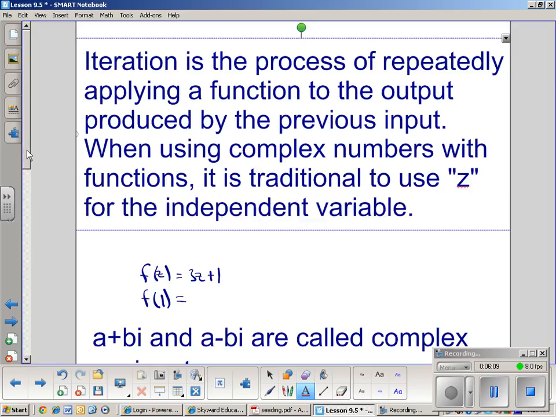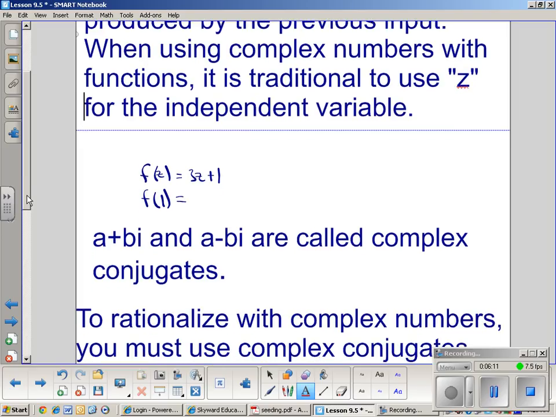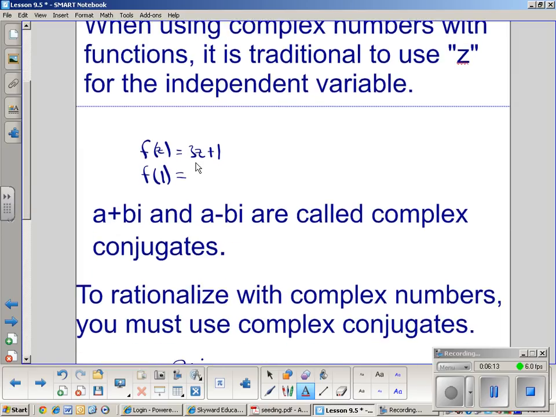Okay? For example, f of z is equal to 3z plus 1, so f of 1 is what? 3 times 1 plus 1 is 4, right?